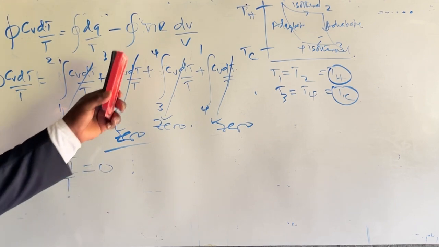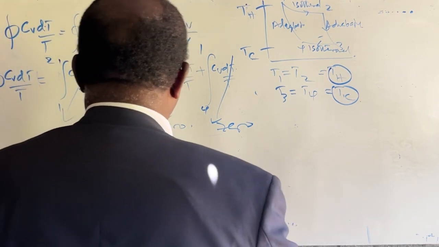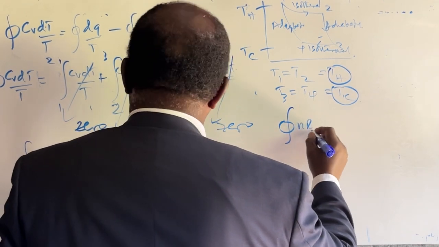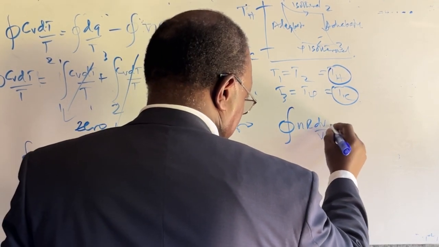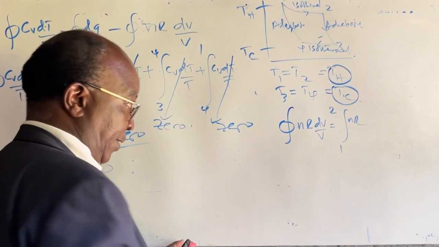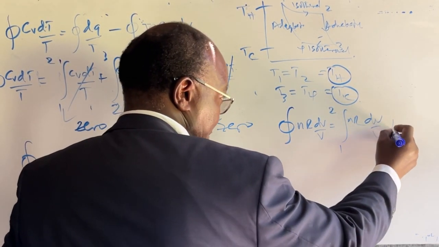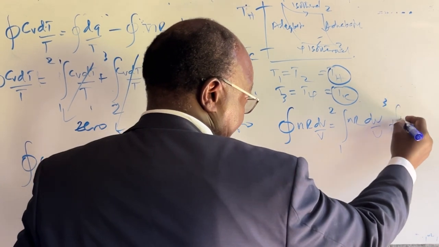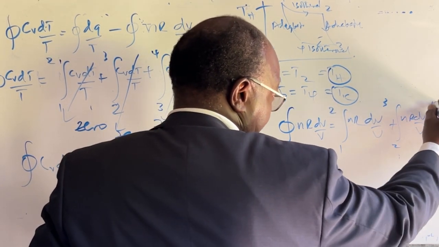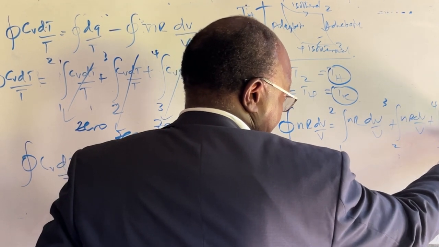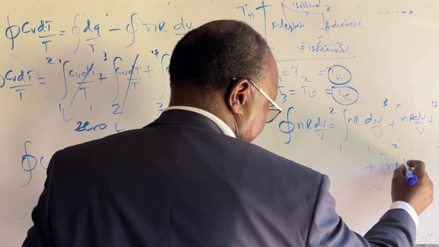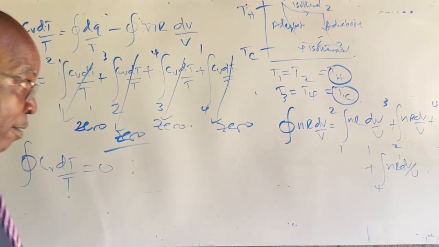Let us look at the other integral, the cyclic integral of nR dV over V. Again, that is the integral from 1 to 2 of nR dV over V plus 2 to 3 nR dV over V plus 3 to 4 nR dV over V plus 4 to 1 nR dV over V.